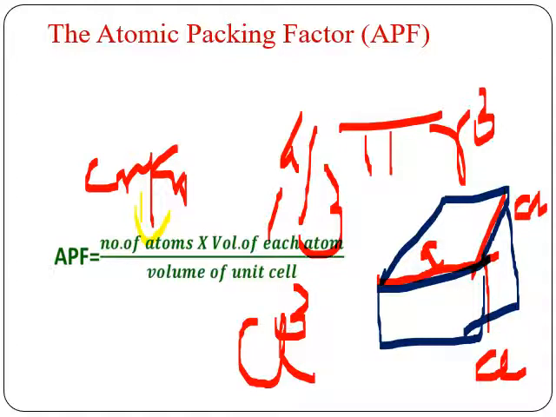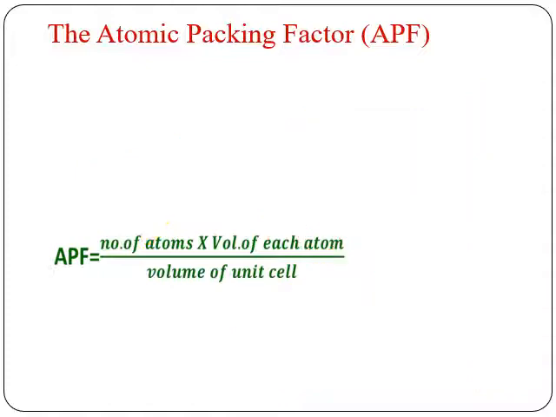So all the sides are equal. So the volume of the unit cell will be a cube, a into a into a. If you remember this one, then the things will be very easy. So that's how exactly we get the number of atoms into the volume of each atom divided by the volume of a unit cell.